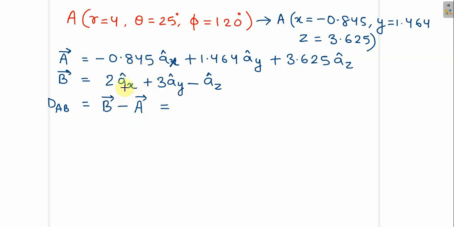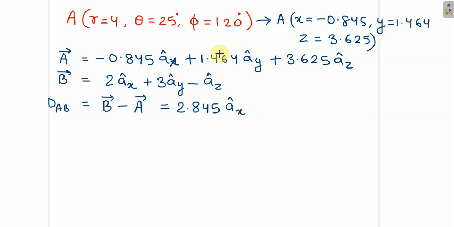Okay, so it is 2ax plus 3ay minus az and minus this. So I am writing it directly. After subtracting this A vector from the B vector, what will be obtained? So 2 and minus of minus 0.845, so it will be plus 2.845, and obviously the vector will be x.